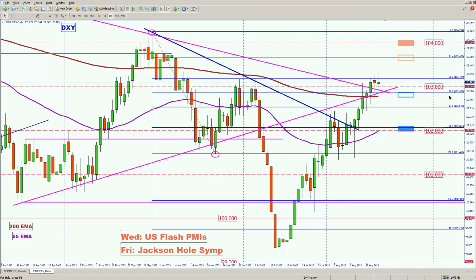So it needs to find support and build support from the 50 fib, 102.86, and continue to climb up towards the 103.66 area, the 65 or 66 area, for the next target.